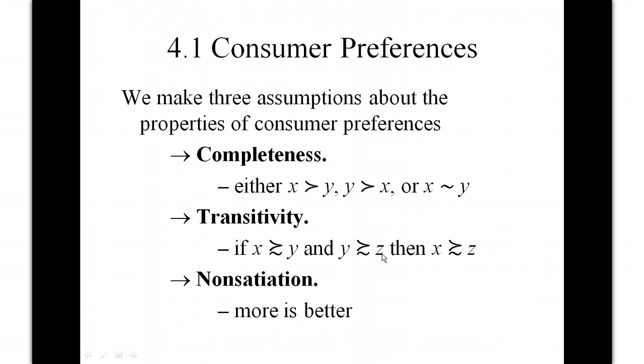There's transitivity, or in some sense consistency, across your preferences. It's not that X is better than Y, Y is better than Z, and then suddenly Z is better than X. That would be intransitive. It would be inconsistent. If X is better than Y and Y is better than Z, then X should be better than Z.